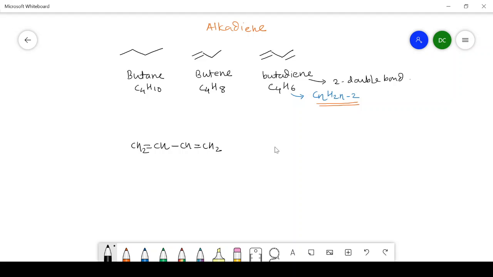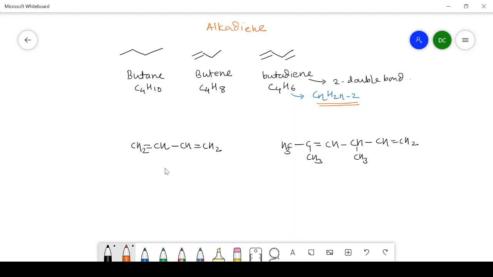Then the next example I will write with a somewhat longer chain. Here CH3, C, CH3, double bond CH, single bond CH, again it has CH3, then CH double bond CH2.